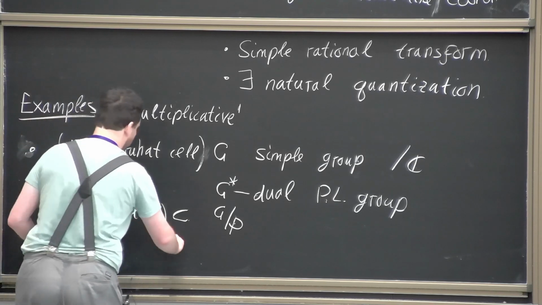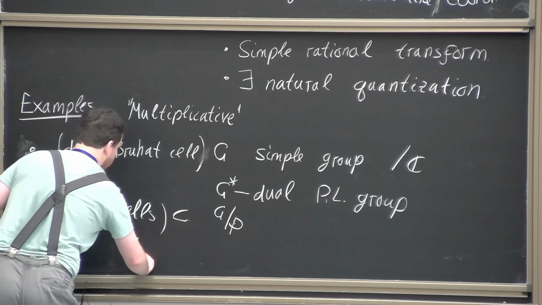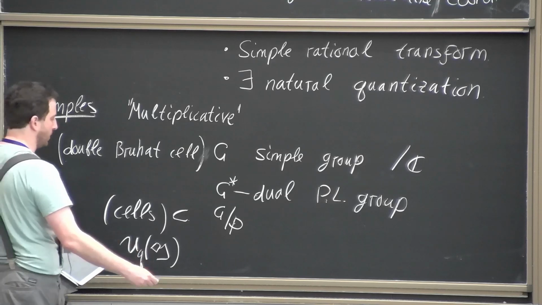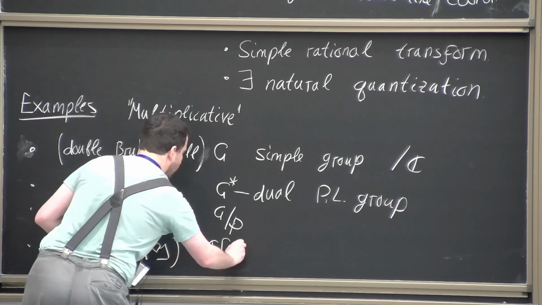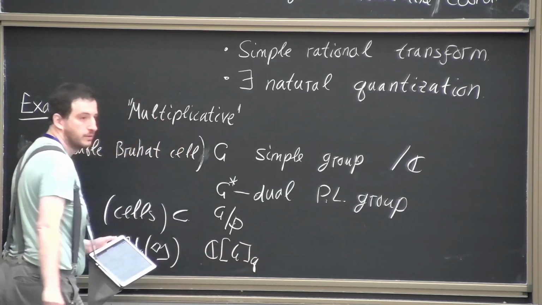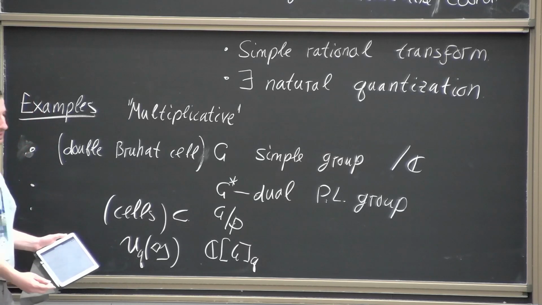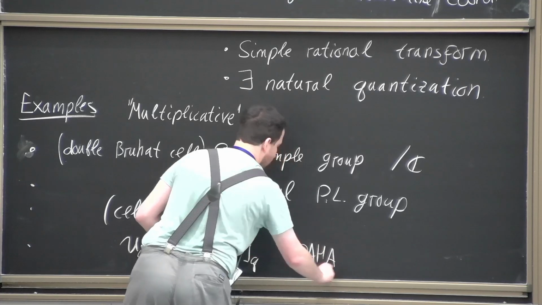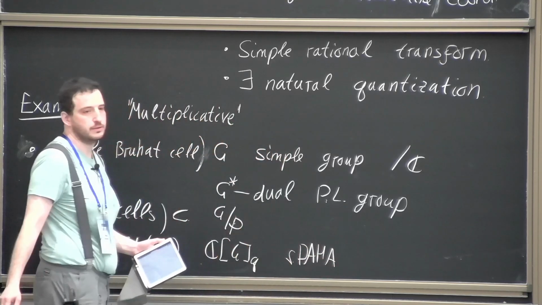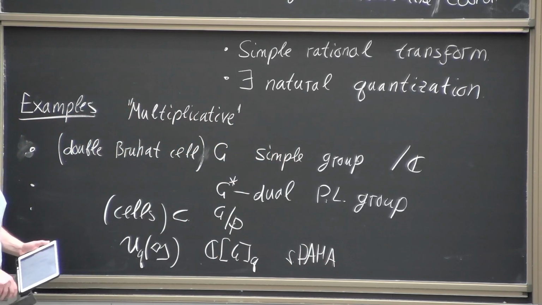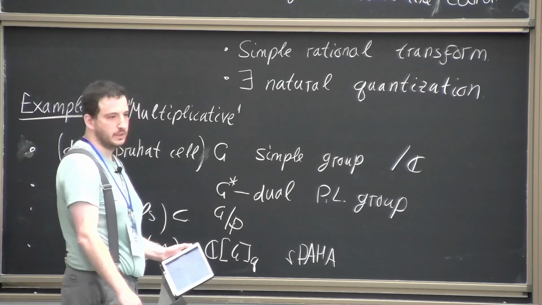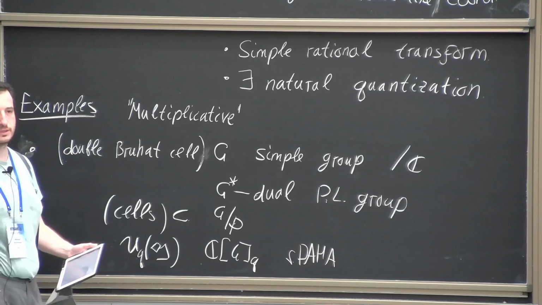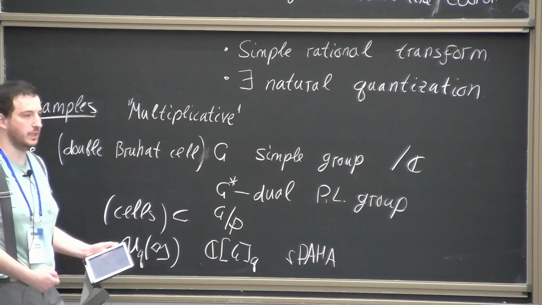So we can obtain the quantized universal enveloping algebra of a Lie algebra, or we can obtain the quantized algebra of functions, or we can obtain some other examples, spherical DAHA, and something like this. In terms of integrable systems, these would correspond to trigonometric integrable systems, relativistic integrable systems, algebras like this.